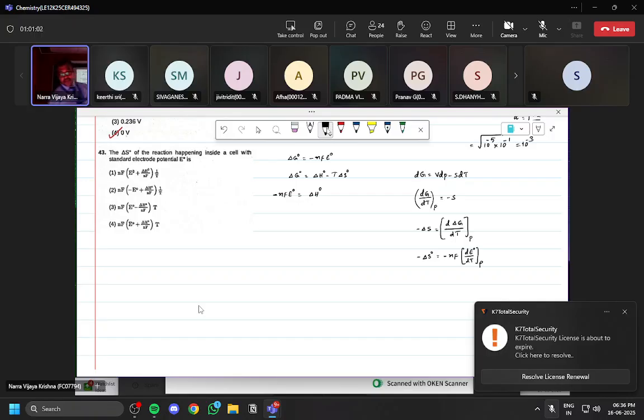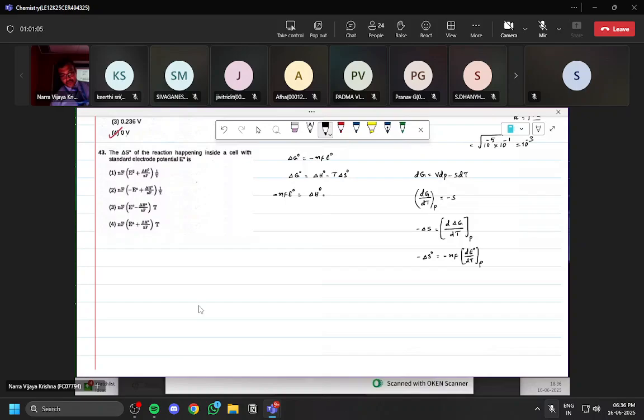So what do you write? Delta S naught equal to what will I write? Minus NF E naught. Minus or plus? And T delta S naught equal to. Bring this to the side. Minus NF E naught minus delta H naught. Minus cancel. So plus NF E naught plus delta H naught.